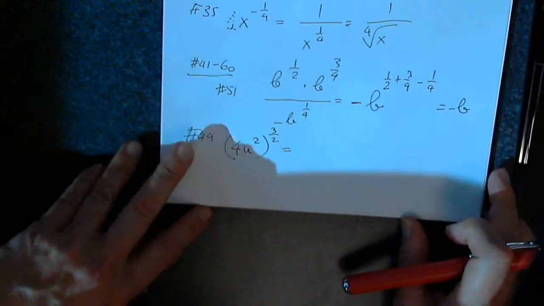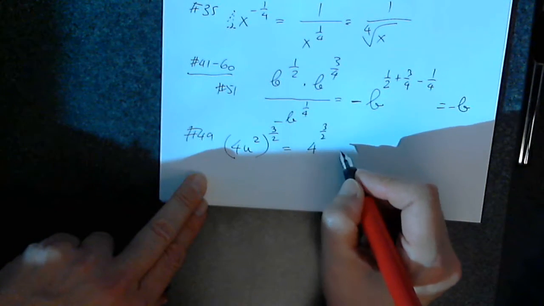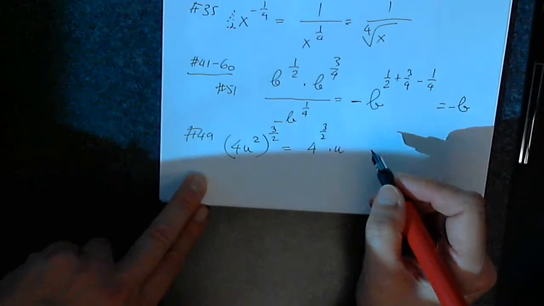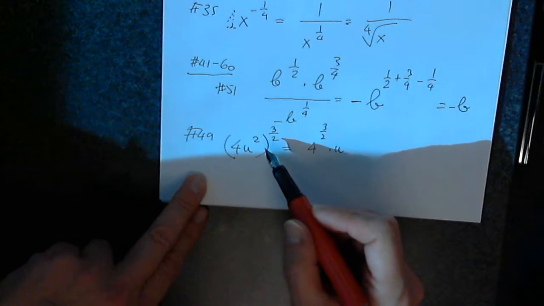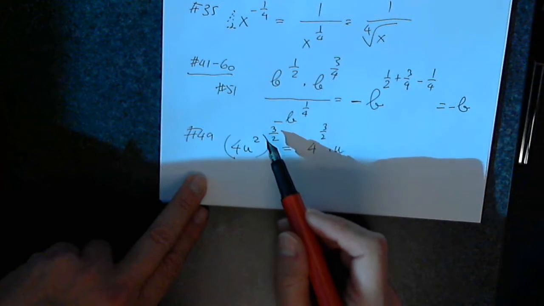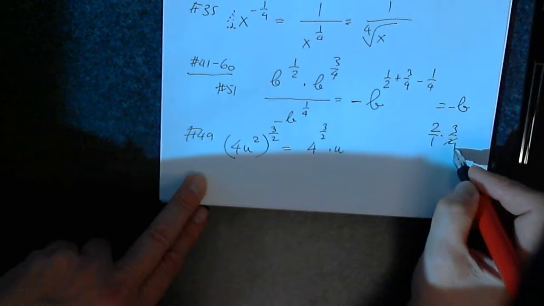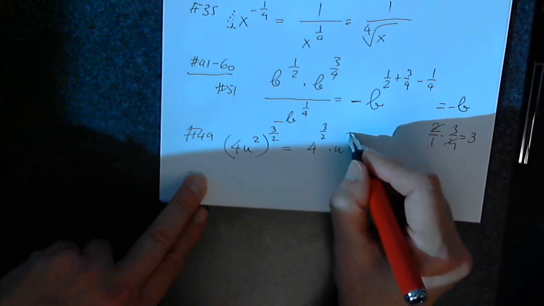This is what I would like to do. 4 raised to 3 halves multiplied by u raised to which power? What do I do with 2? So I have 2 times 3 over 2. 2 over 1 times 3 over 2 is 3. So u to the third.